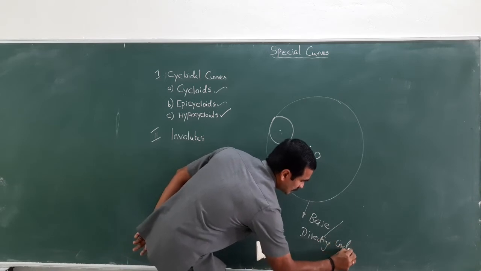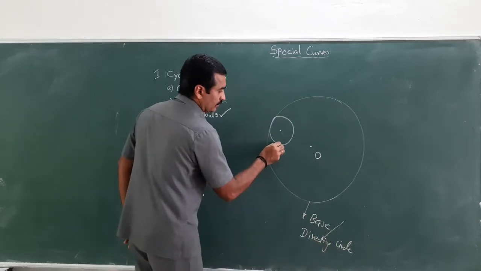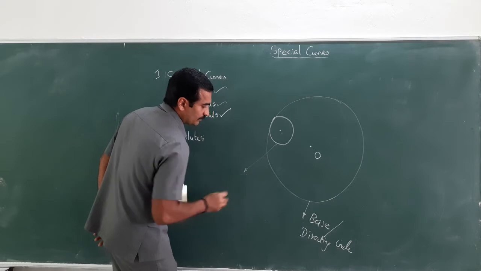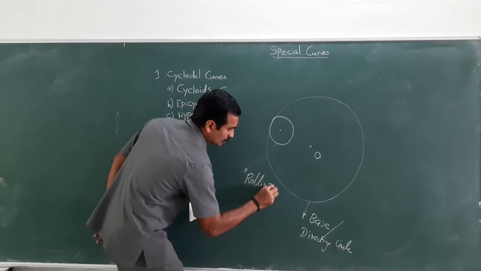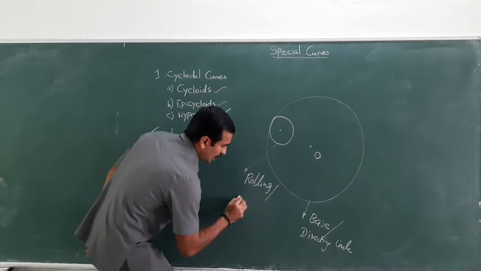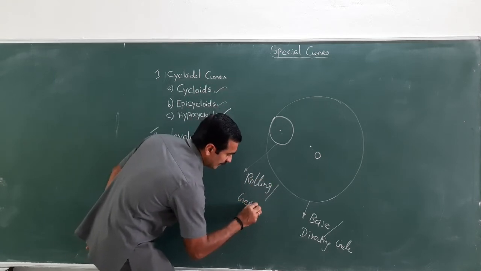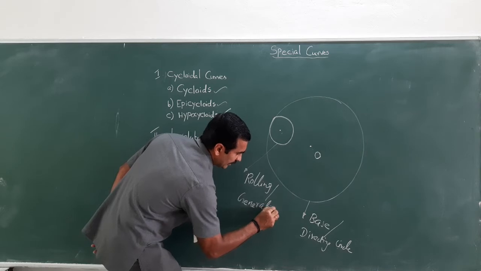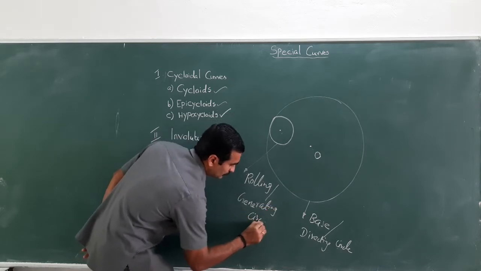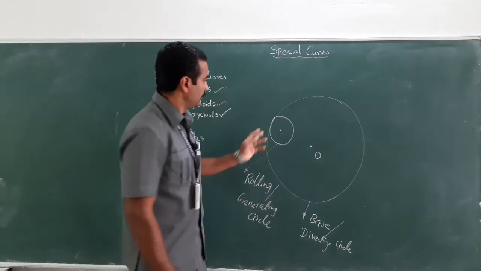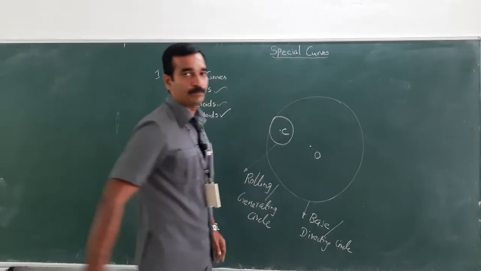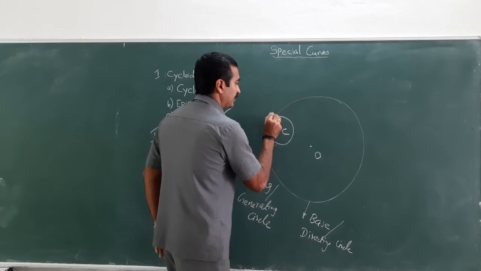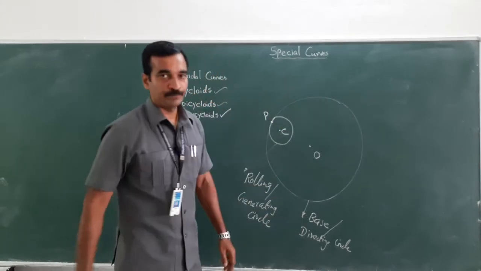And the smaller circle is nothing but the rolling circle or the generating circle, right? Its center can be denoted as C. The contact point can be denoted as P.